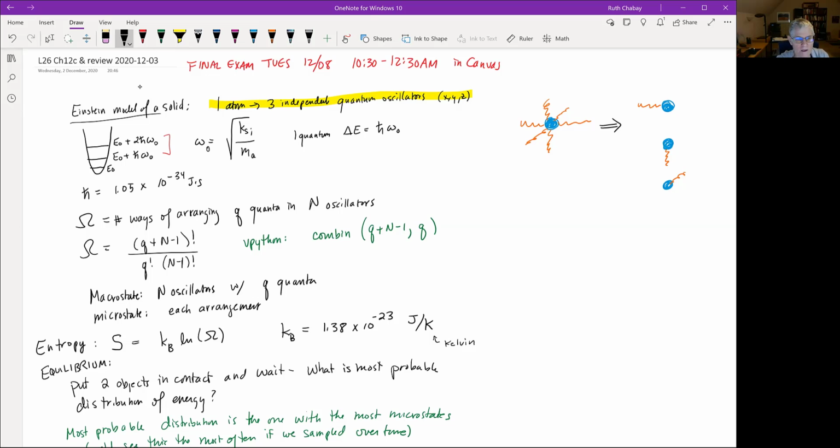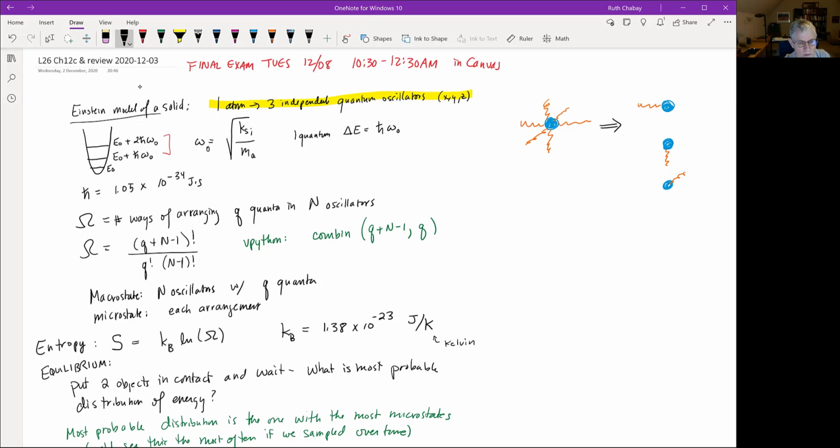We came up with a probabilistic formula for the number of ways of arranging some number of these little energy packets, these quanta of energy, which has a value in joules, of course, for any particular substance, among n of these independent oscillators, where the number of ways of arranging energy was q plus n minus 1 factorial over q factorial times n minus 1 factorial.